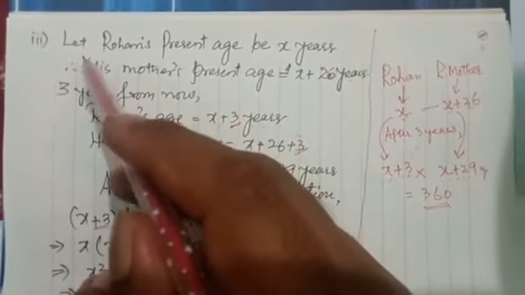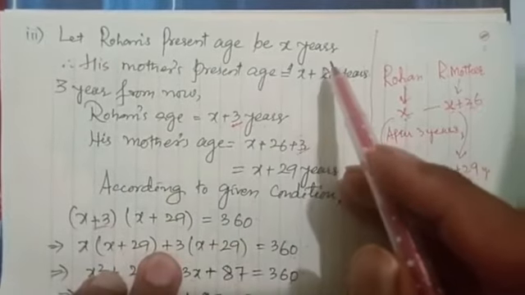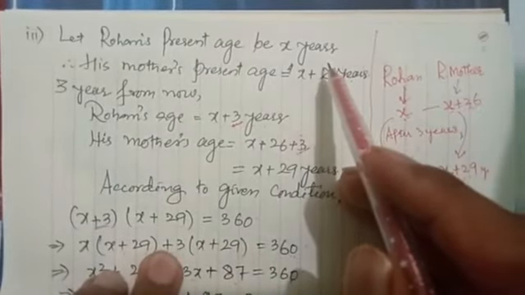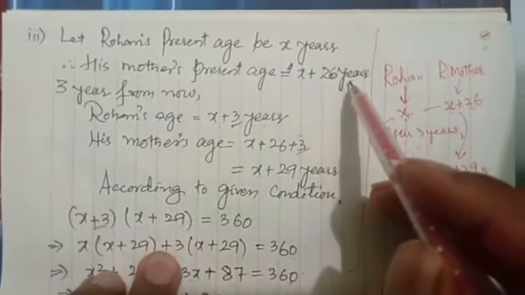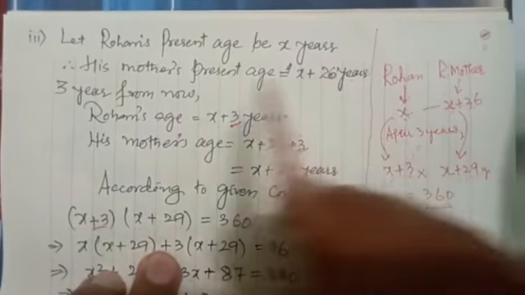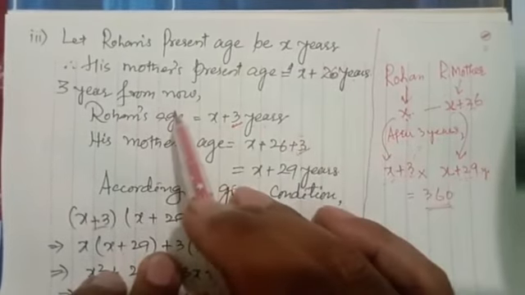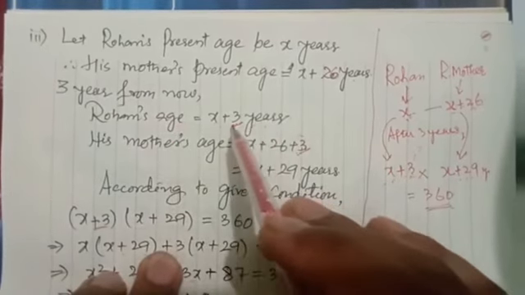How to write it? See here, let Rohan's present age be x years. His mother's present age will be x plus 26 years, because his mother is 26 years older than him. 3 years from now, when the 3 years have passed, Rohan's age will be x plus 3 years. Why 3?